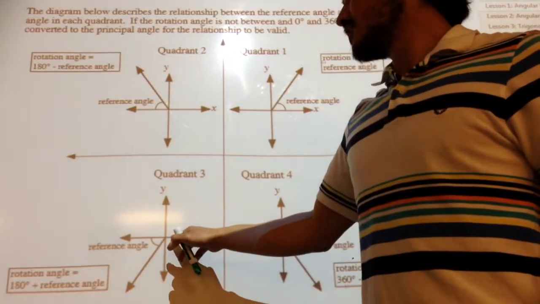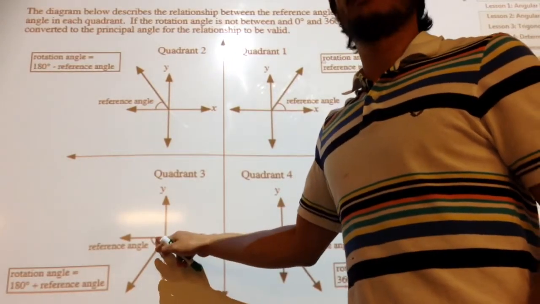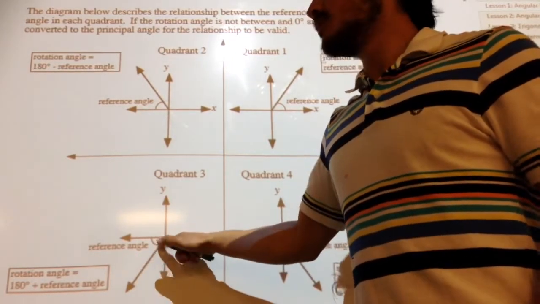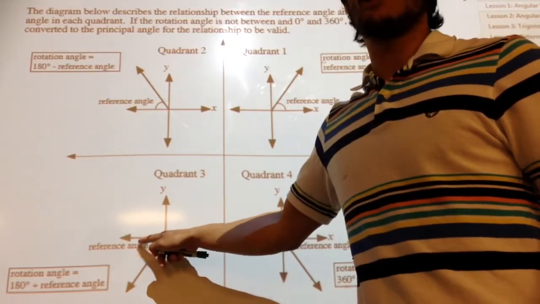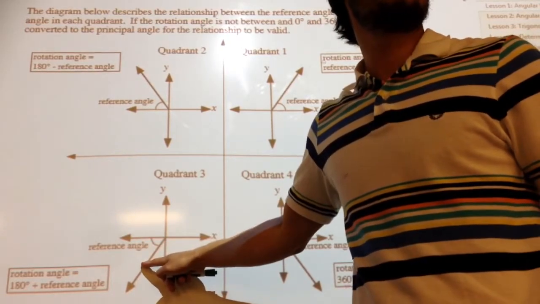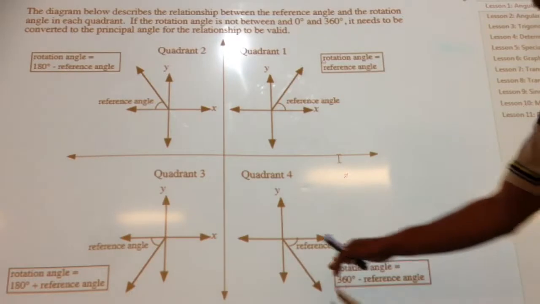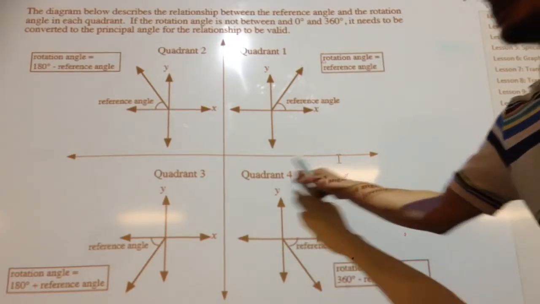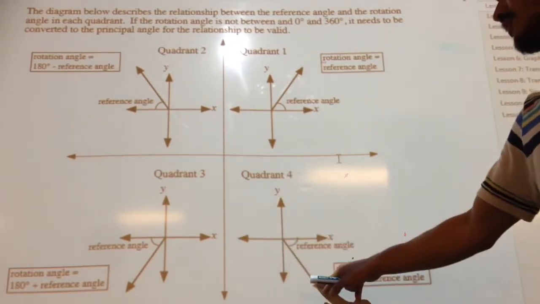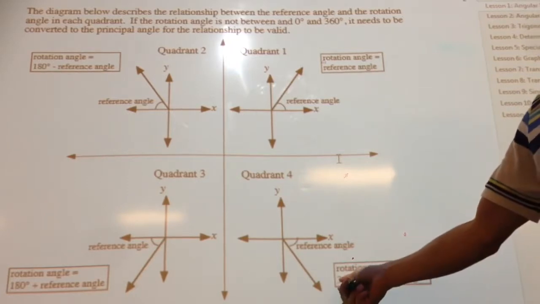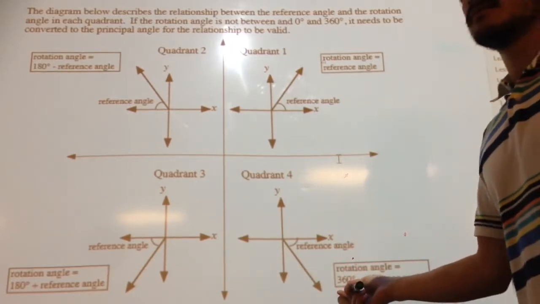Quadrant 3: if you ended with an angle here, you would take your reference angle by adding it to 180 degrees. And if you end in quadrant 4, you subtract it from 360 degrees.